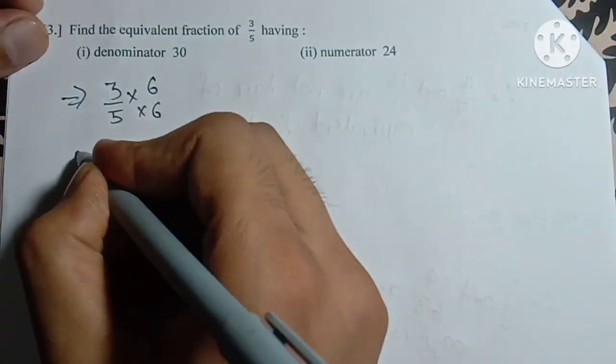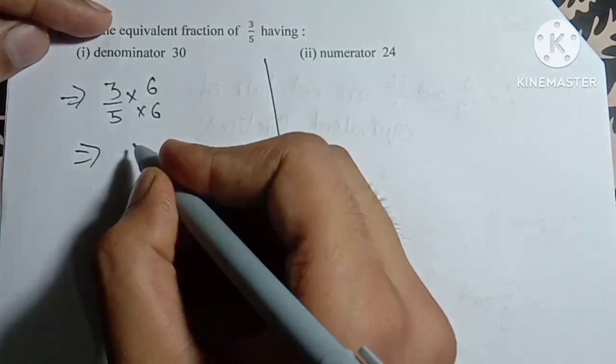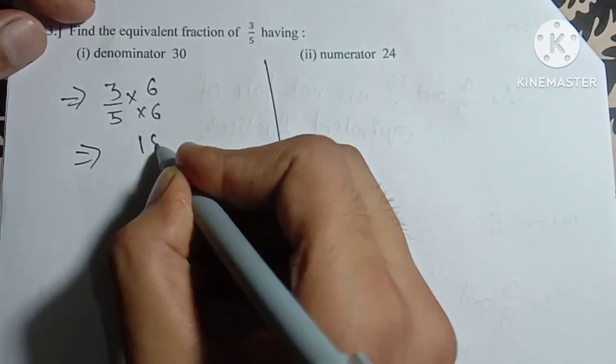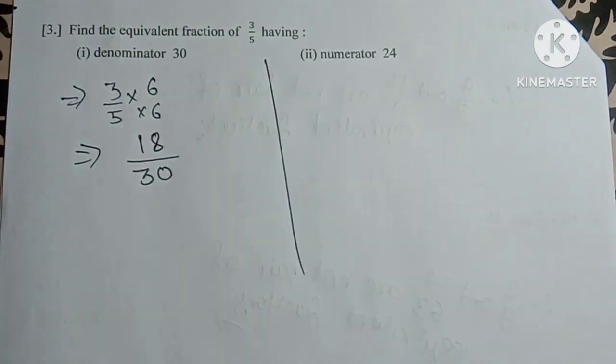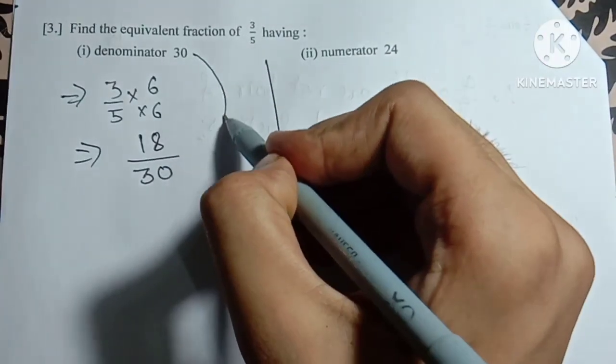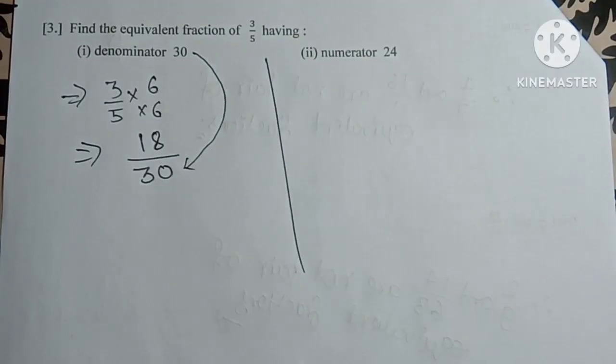So on multiplying, we will get a fraction which is 18 by 30. Here you can clearly see that the condition given by the question maker is fulfilled, that our equivalent fraction contains a denominator 30. He has said nothing about the numerator, so we don't have to worry about the numerator.